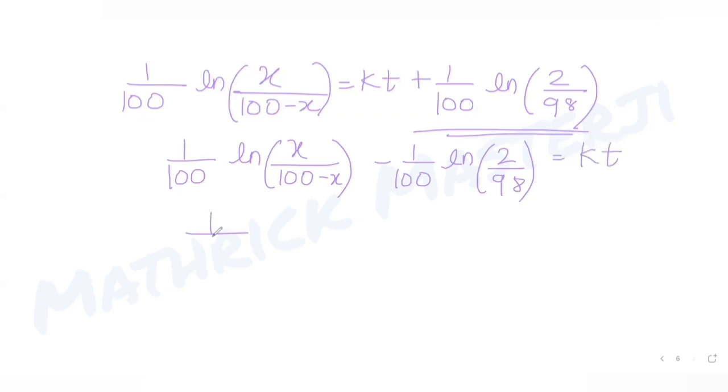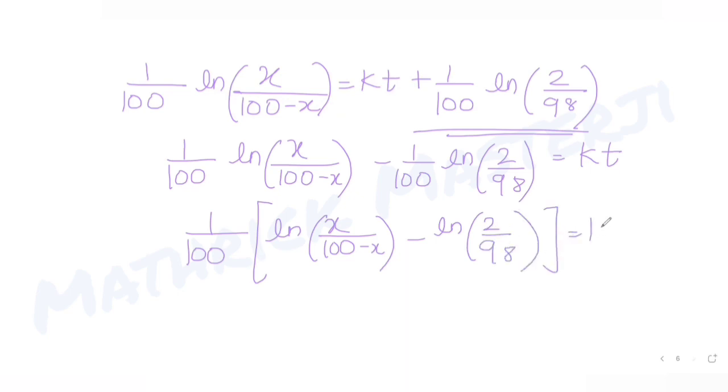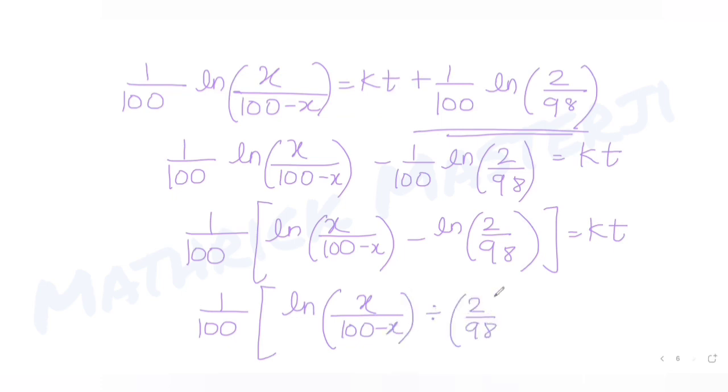From here, if I take 1 over 100 common, you get log a minus log b is equal to k into t. So you get 1 over 100 log a minus log b. We know log of a divided by b. So you get this entire thing, which is equal to kt.